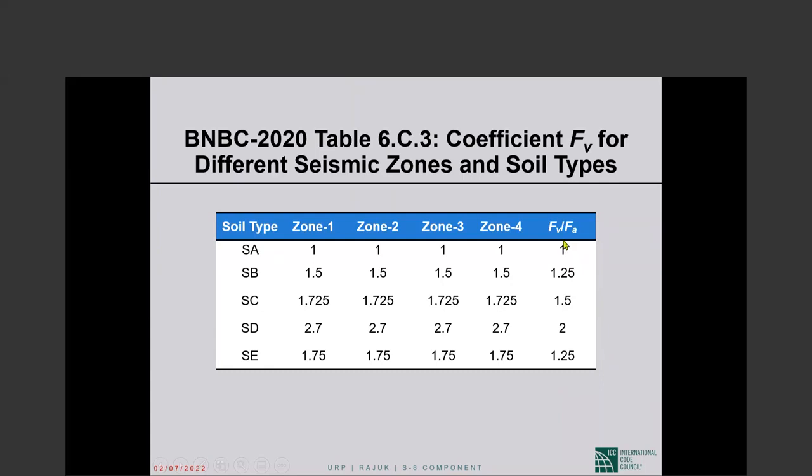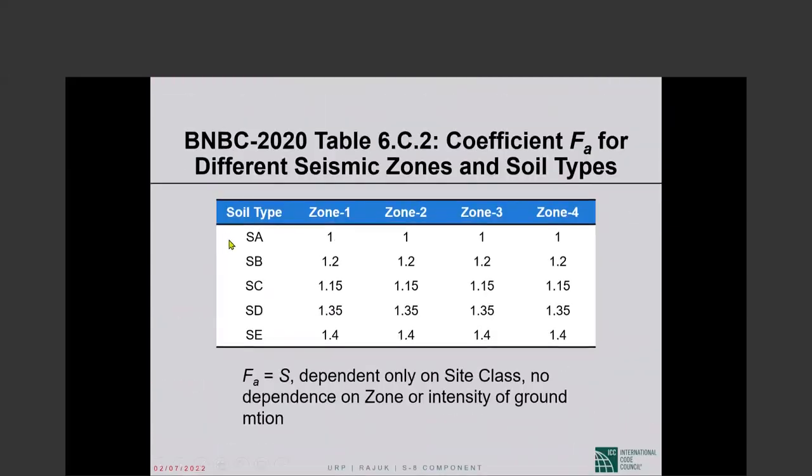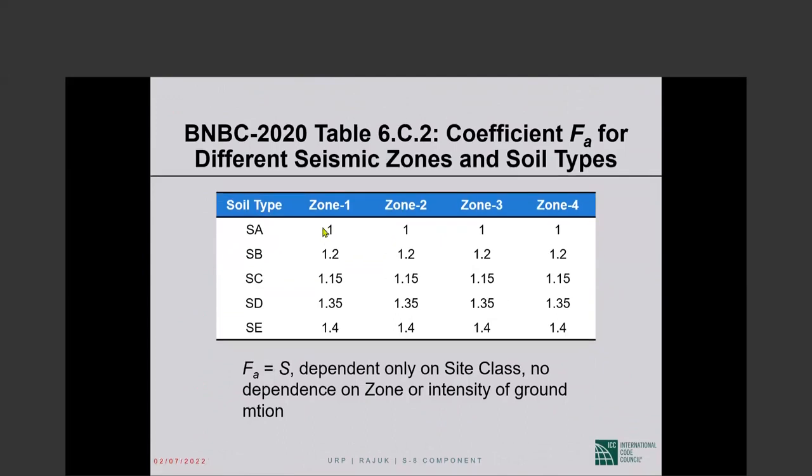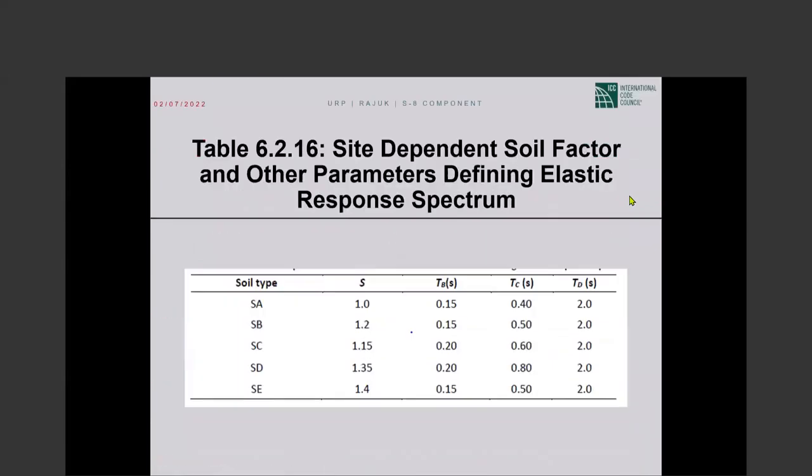This is F sub V over F sub A. I suspect that somebody decided to go with those ratios, and that produced the F sub V values. And I did not point out the last time, but I should have. SB is the benchmark site class. Okay, this is why you have a soil factor of 1 with SB, and the same thing is true of long period ground motion.